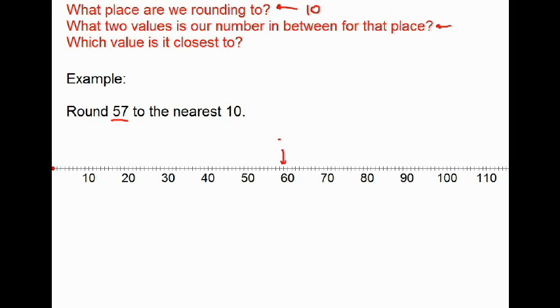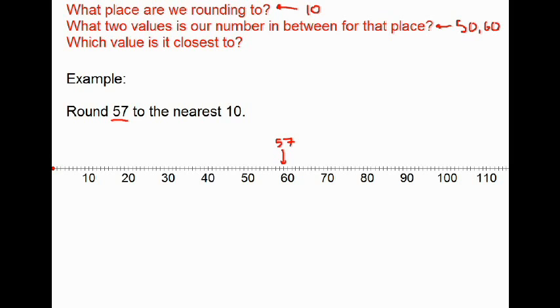For the tens, this number line is counting in the tens. It's between 50 and 60. So when we're counting in tens, 57 falls in between the two values, 50 and 60.